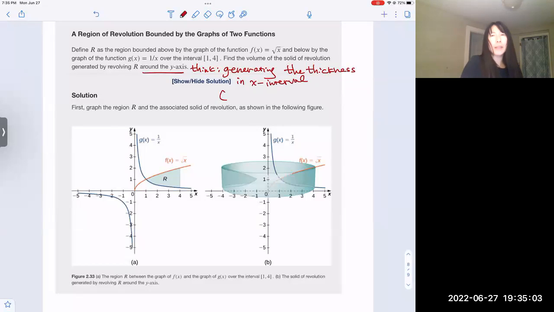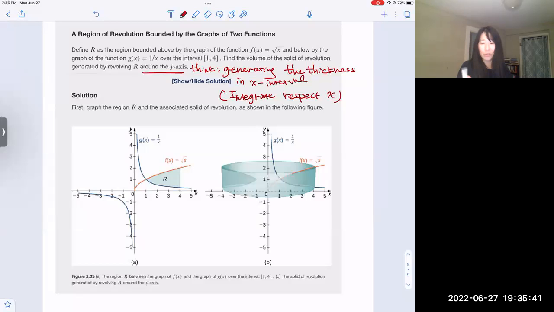Now we're going to integrate with respect to x. But in this case we have two functions, so we can use the concept of the area between two curves, which is top minus bottom.